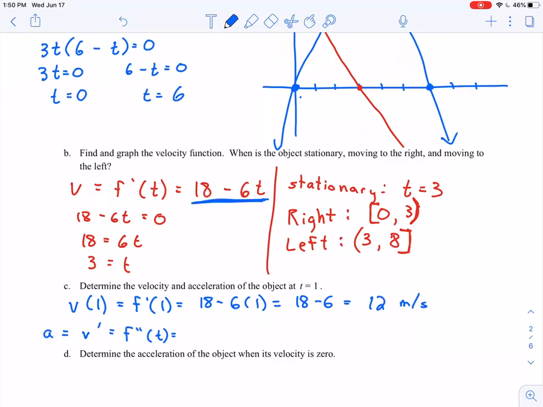I know I'm kind of jumping around, but I'm looking at the derivative of this guy right here. That would just be -6. So when it comes time to evaluate my acceleration when t equals 1, well, a of 1 is just equal to -6.